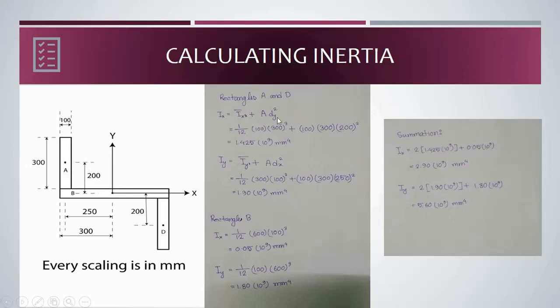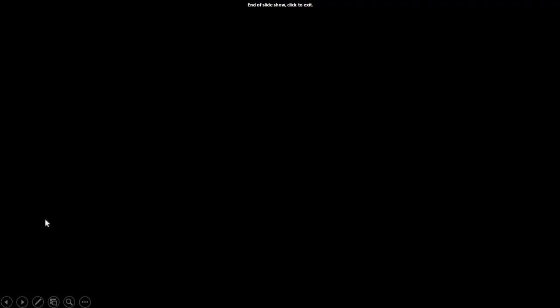So this is the area A, and y is the distance of the centroid according to the y-axis. Why are we taking it from here? Because this is the neutral axis for this whole structure. So I am taking the distance from this point to this point, the middle point of this rectangle.